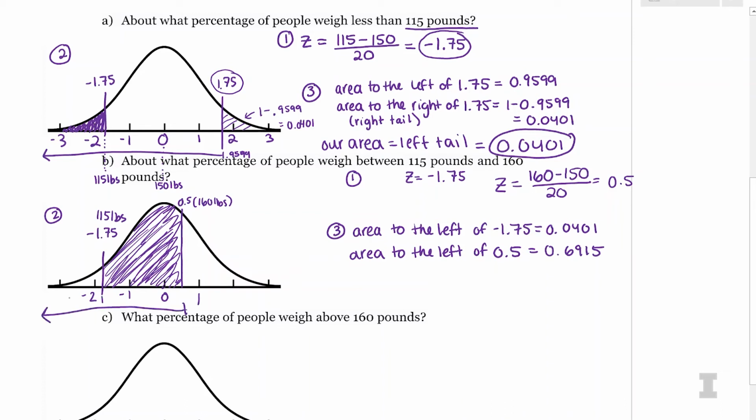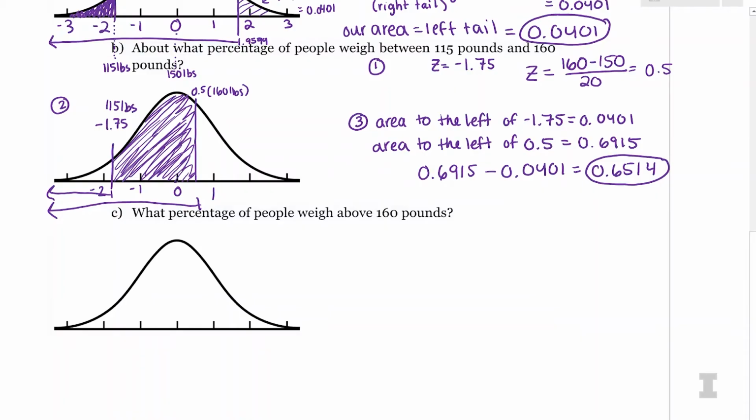The area to the left of negative 1.75 is 0.0401. So I can just subtract those to get my total area. 0.6915 minus 0.0401 is 0.6514, or about 65% of people weigh between 115 and 160 pounds.